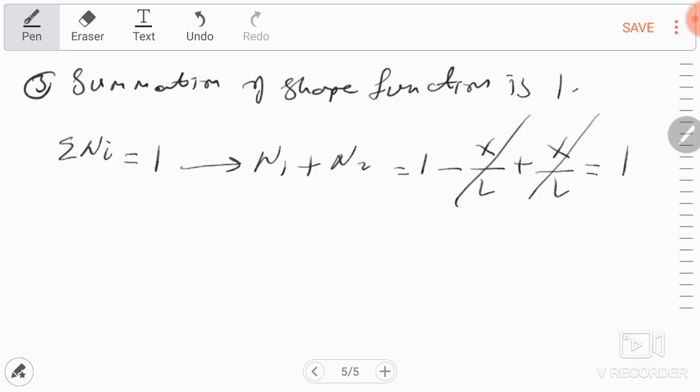This one with this one is already 0, and we have only this one, so the result is 1.